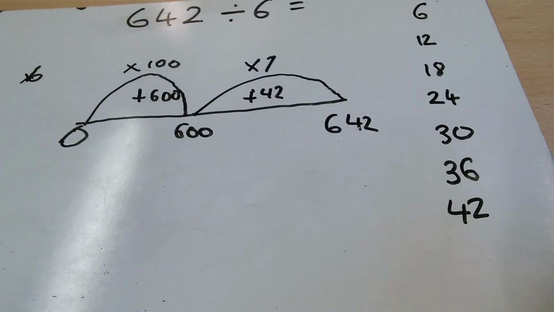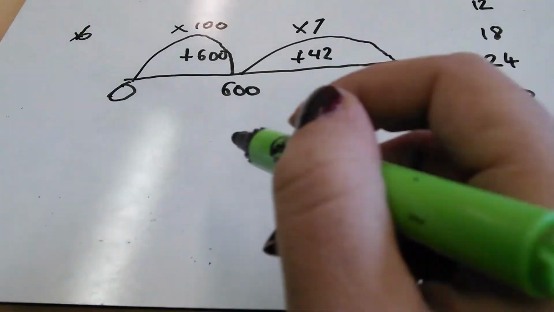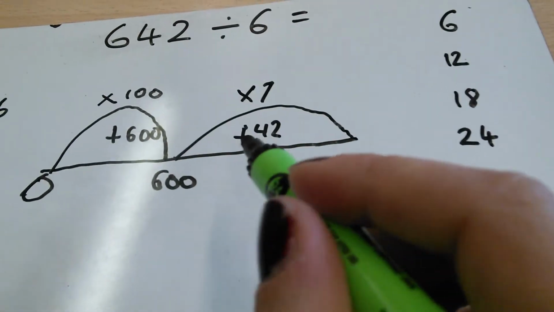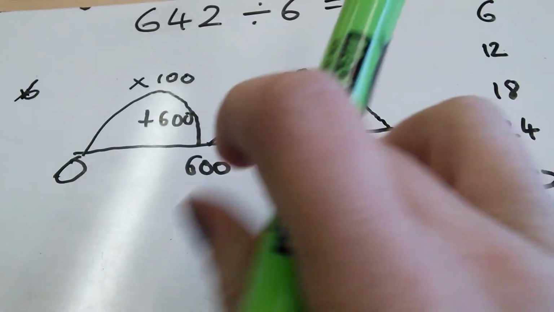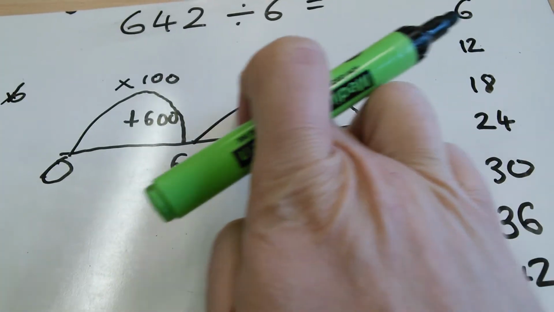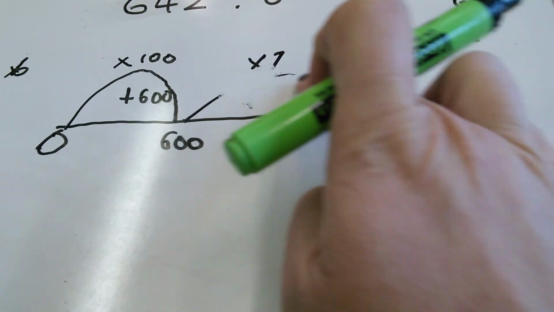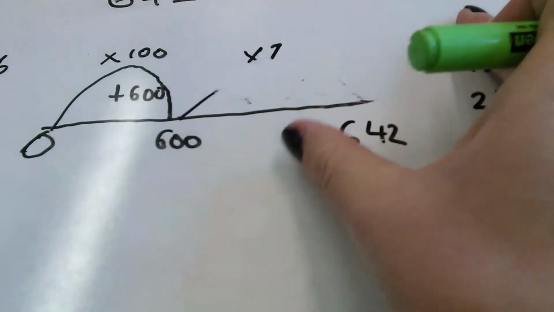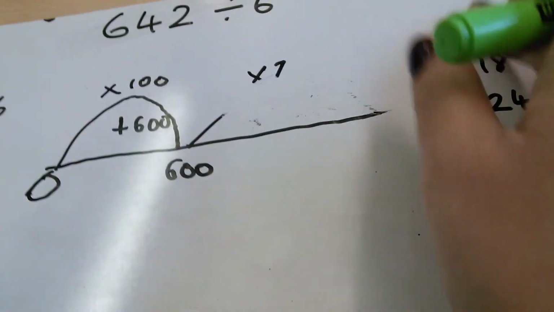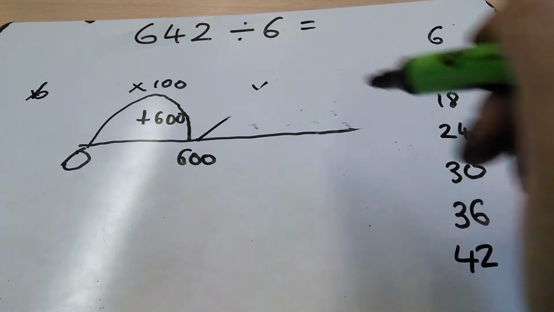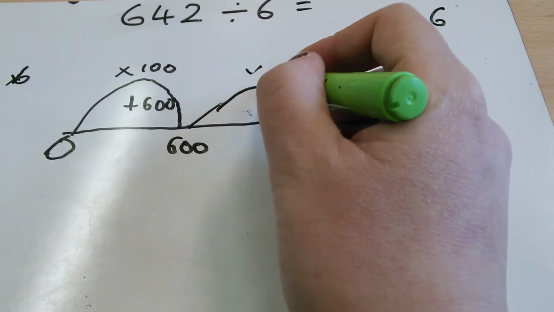Easy. If I didn't know my 6 and 7 times tables, I could have done it even easier. Okay? Instead of doing a jump of 42, I could have thought, 30, that's a nice round number.